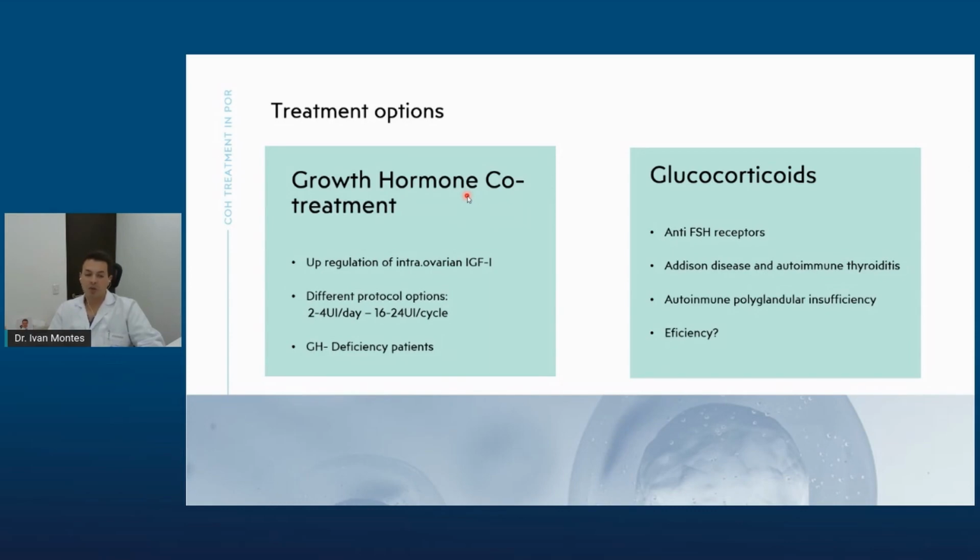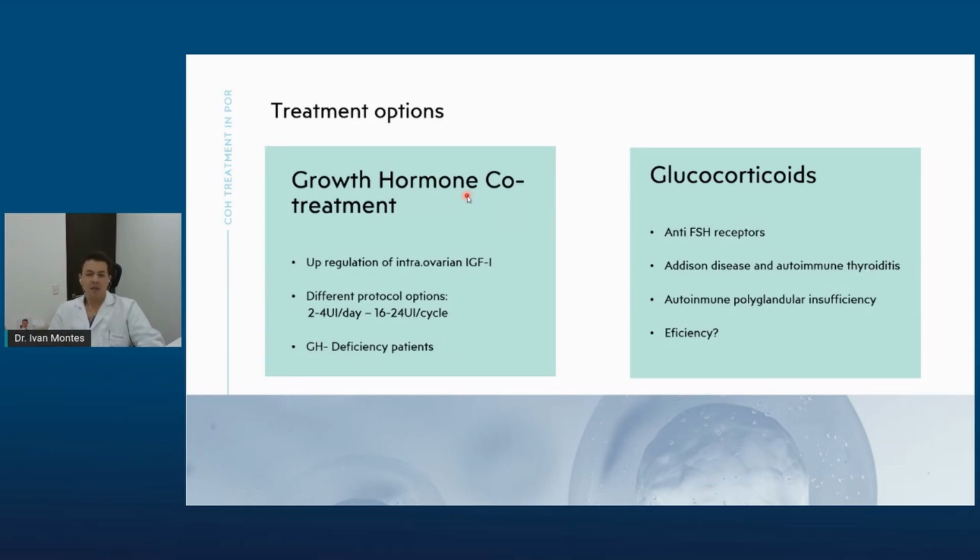There is also another problem, and that is that there is not only one protocol option, but a lot of protocol options during the treatment of hyperstimulation. There's one that says that you can use 2 to 4 units per day, each day until the oocyte retrieval. And there's another protocol that says that you can use between 16 to 24 units per cycle, no matter the day that you use it.